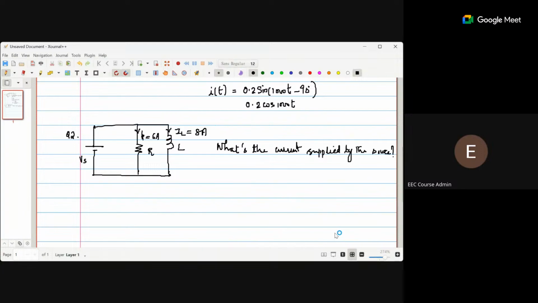What is the current supplied by the source? What's the answer? 10.